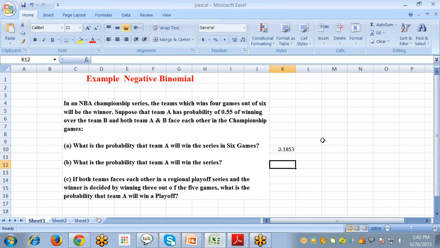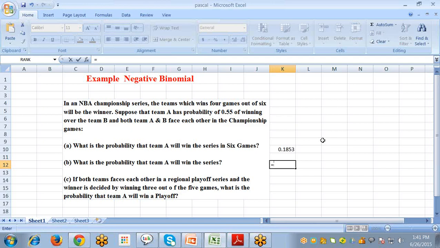Then we have another question: what is the probability that team A will win the series? That means the total probability of a series win, so it must be calculated. The probability that team A wins the series is the sum of the probabilities that the matches it lost will be between 0 and 3.